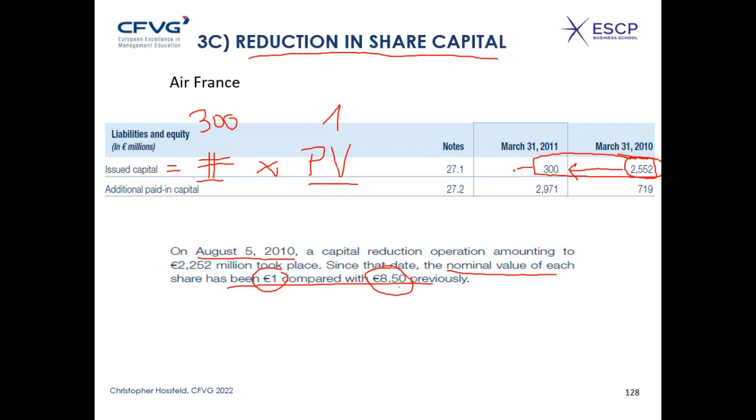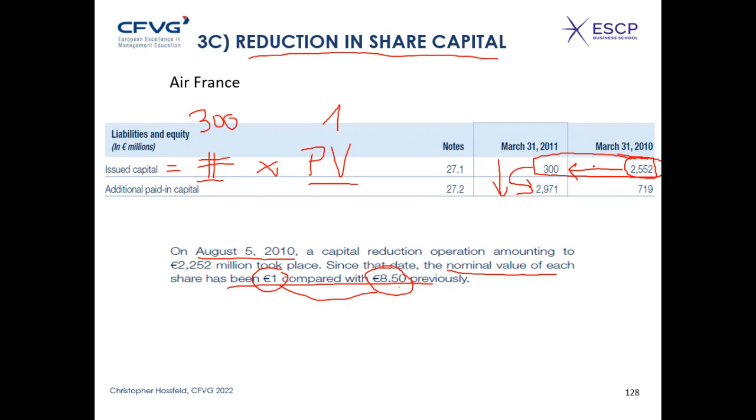And what I do is reclassify them into share premium, or additional paid-in capital. Before, the premium was only any excess over €1.50, but now the share premium is any excess over €1. So that includes €7.50 for each share that I had before.